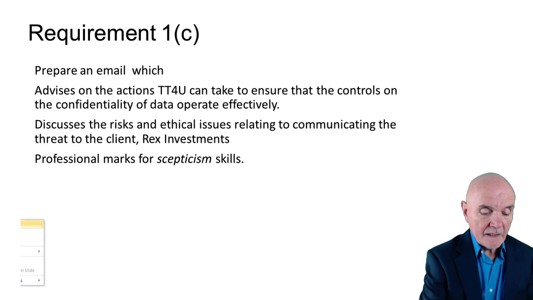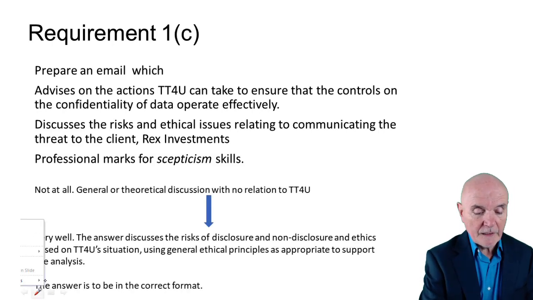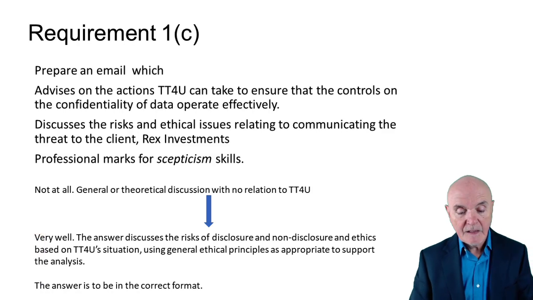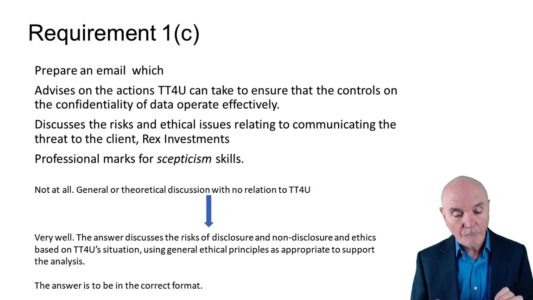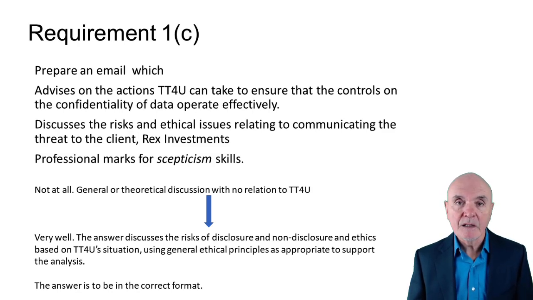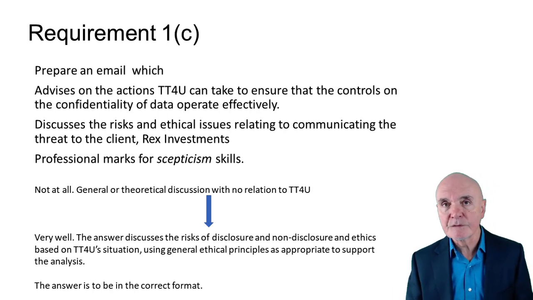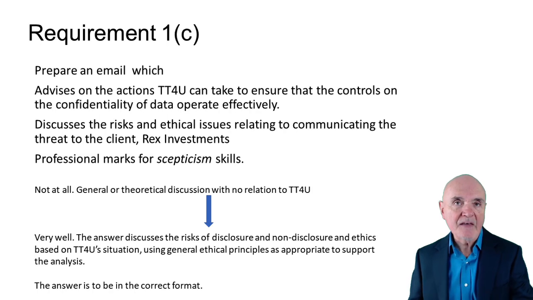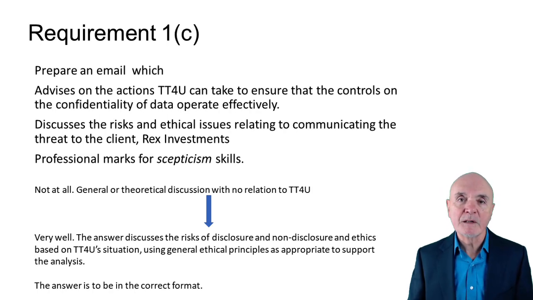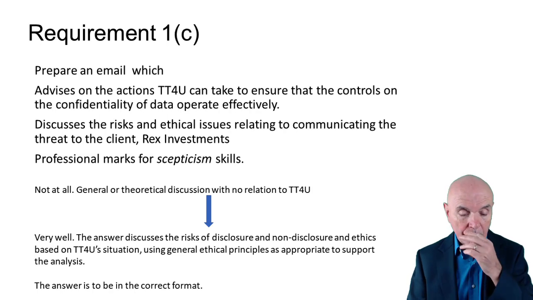So the things we have to look at within this, I think, first of all, if we do not show professional skepticism skills, it's very general. It could just talk about typical controls in a computer system. It could just go down ethical principles without being tailored to this particular situation.